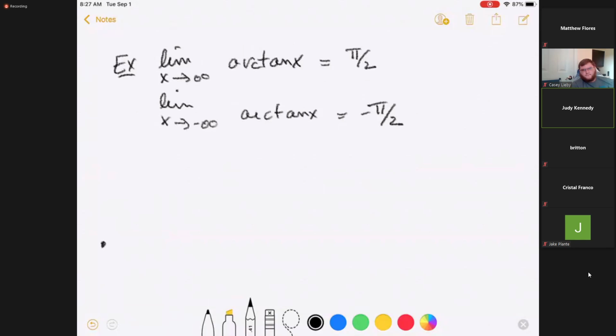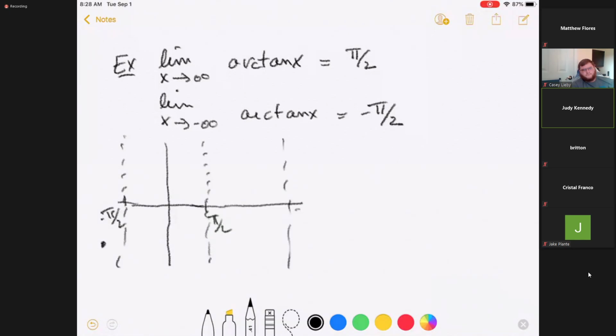Let's graph the arctan of x first of all. It's the inverse of the tangent function, right? How do you get this graph? I'm going to graph the tangent first. The tangent function has vertical asymptotes at odd multiples of pi over 2. So it comes up like this, and it's doing the same thing on this side.